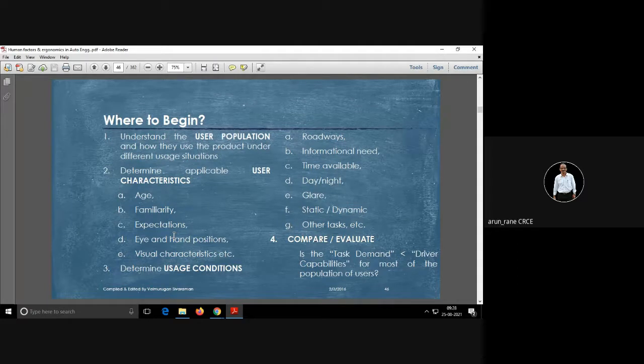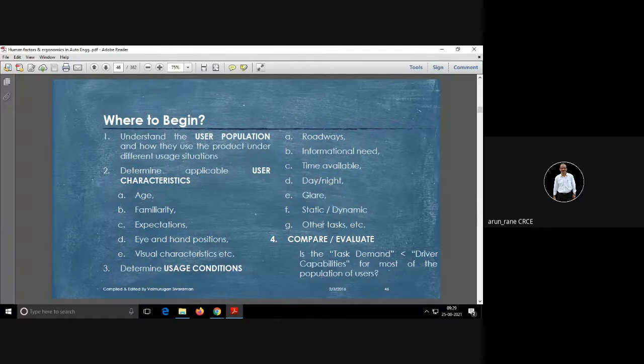How his eyes are positioned, how his hands are located, all the visual characteristics, the time available, whether he is doing the assembly in daytime or night time, and the glare intensity of the light, whether there is any possibility of glare.